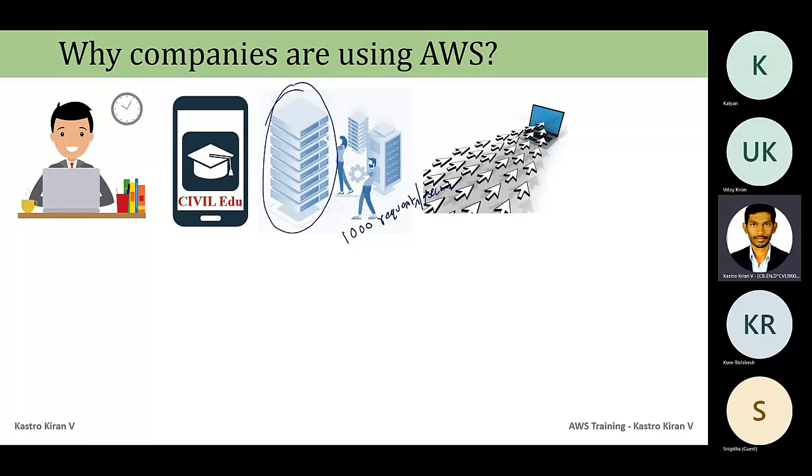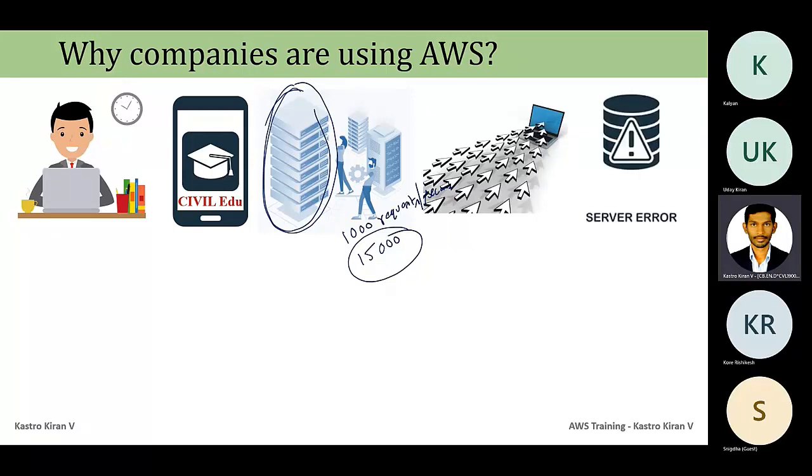But let's say the traffic has increased to some 15,000 requests. Now you are getting huge numbers of requests because of its popularity or its content. How will you manage? Since you bought servers to handle only 1,000 requests, a breakdown of the servers will happen.